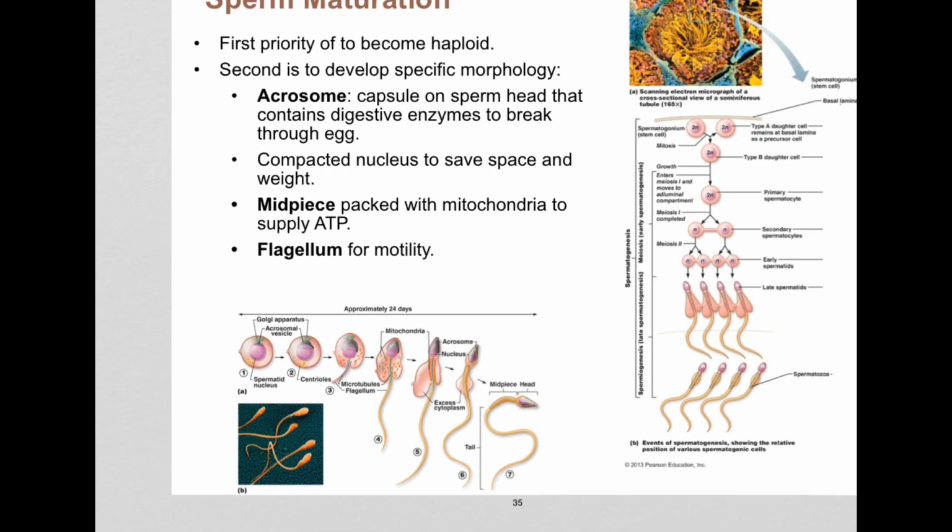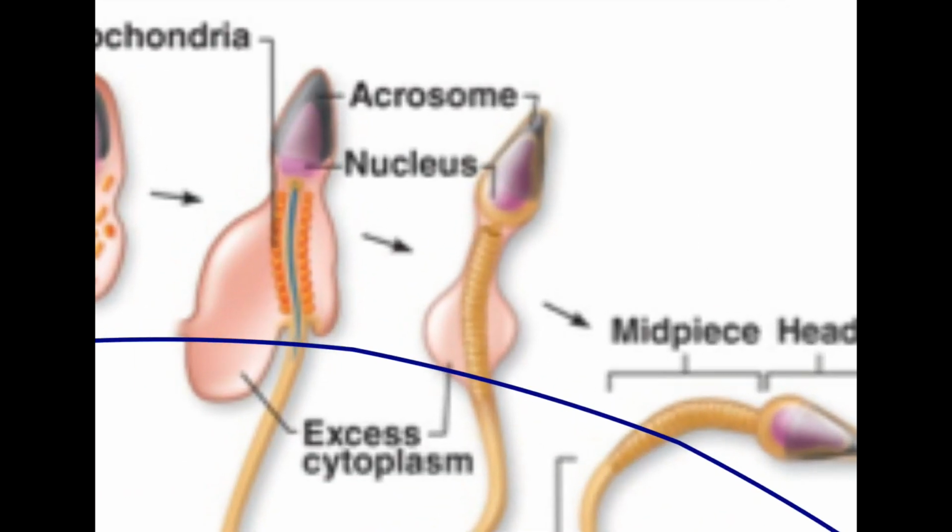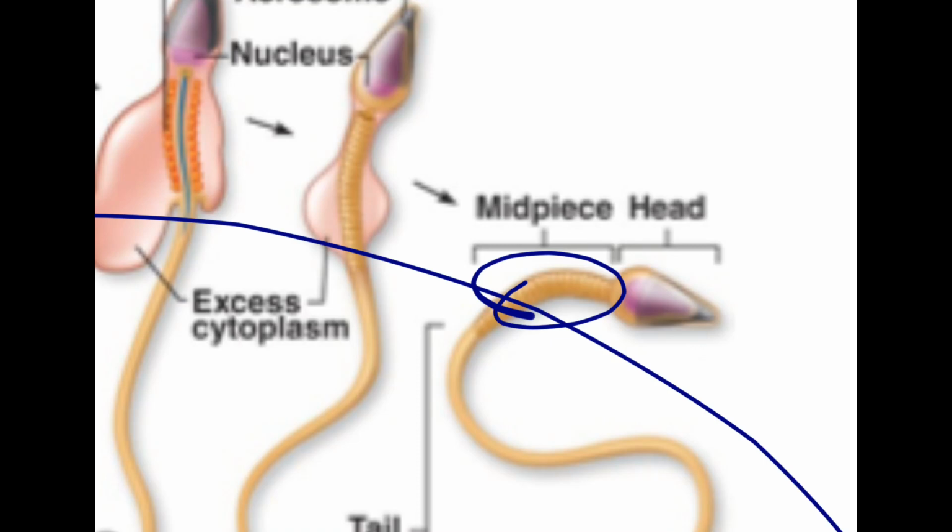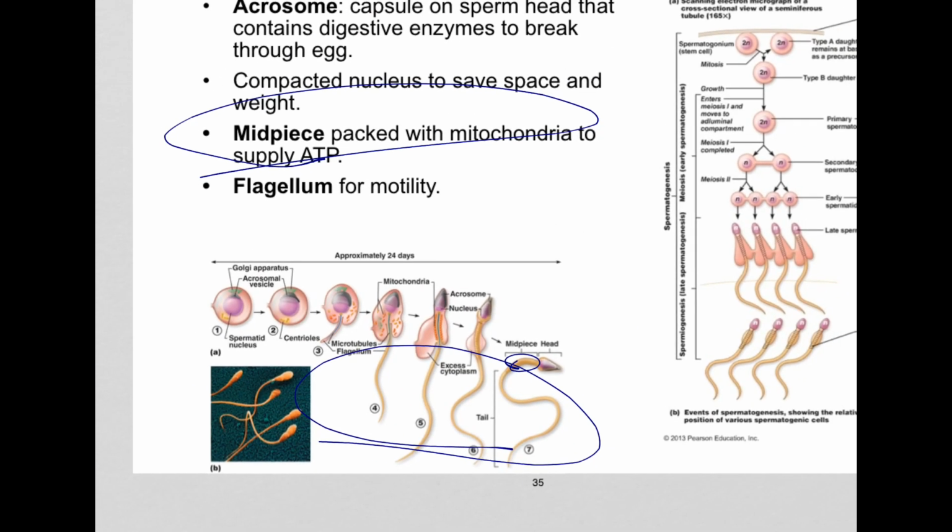The thing that most people have seen is the tail, which is actually a flagellum that flips back and forth to propel sperm through fluid so they can move. Just above that, this mid-piece right here, which gets slightly larger, is mostly filled with mitochondria to produce ATP that are used to run the flagellum, to make it move.